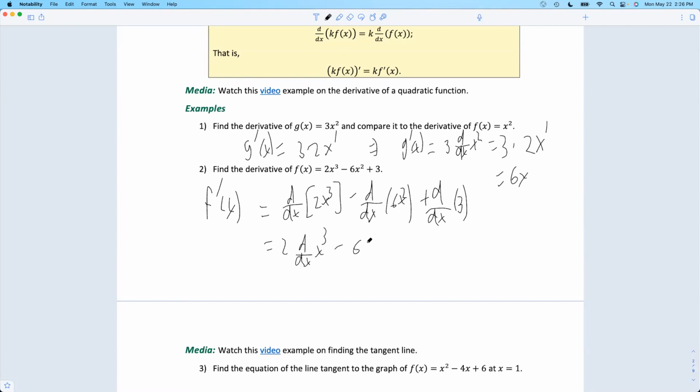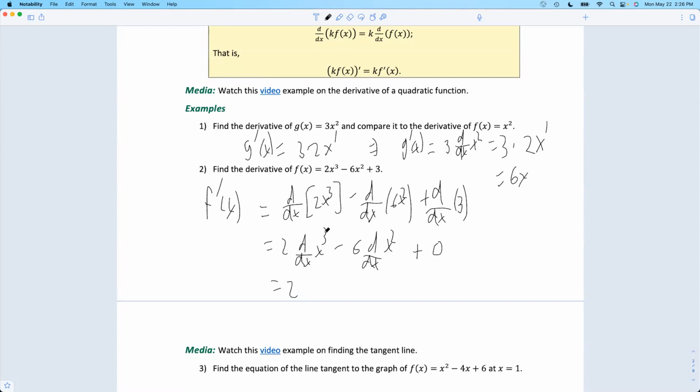So I'm pulling these constants out. Here, this is just derivative of a constant. There's no x in this function right here. The derivative of a constant is just 0. This is a constant times something that has x in it. That's why I had to pull the constant out and then take the derivative of whatever's left over.